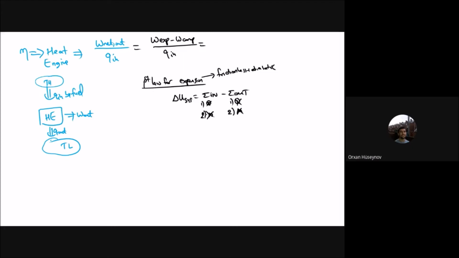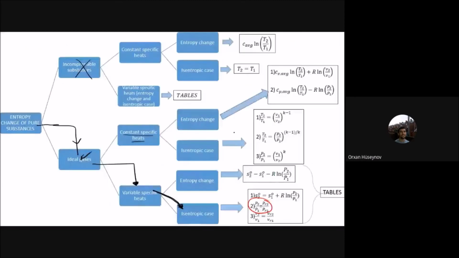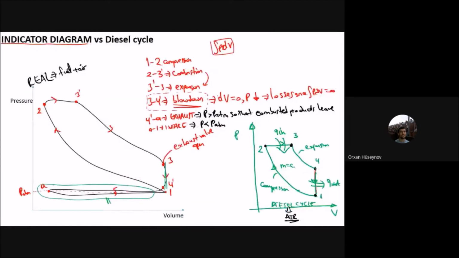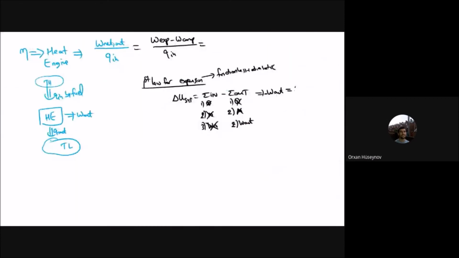Since it is an expansion process, work in cannot be there, and there should be work out. From here, the work out of the system, which will be negative, will be equal to the change of state of the system, from the second state U4 minus U3. It will be negative U4 minus U3, and from here the work out will be equal to U3 minus U4.